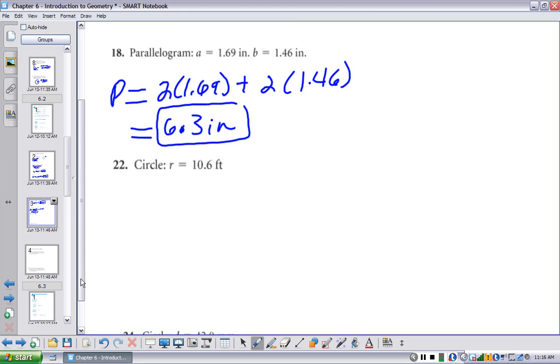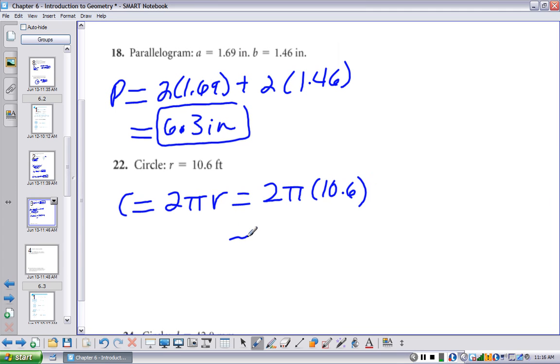A circle. Remember, the circumference of a circle is 2 pi r. 2 pi and r is 10.6. Remember that pi is a number. And on your scientific calculator, you should see the pi button. And it's roughly 3.14, and there are other digits after that. But for this, it's 66.6 feet.